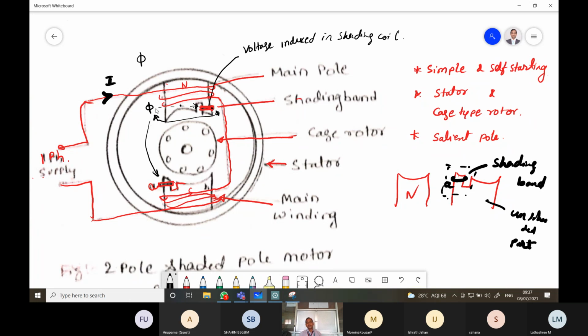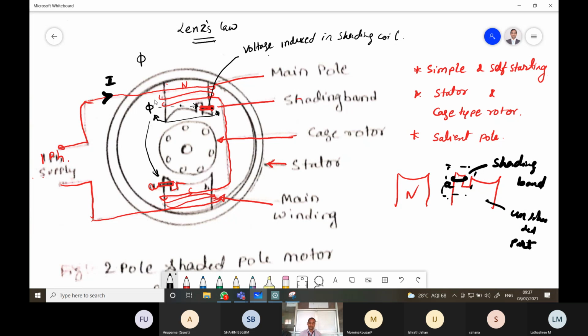Because of the main flux, voltage is induced in the shading band, and due to this induced voltage, flux is again produced. That flux opposes the main flux, according to Lenz's law. The same principle happens here.